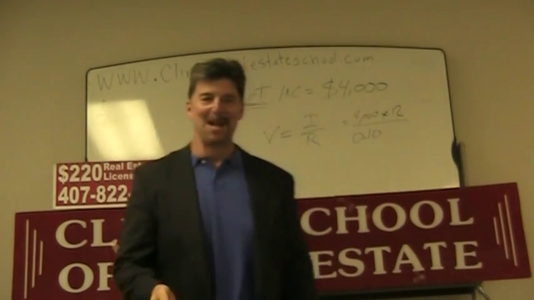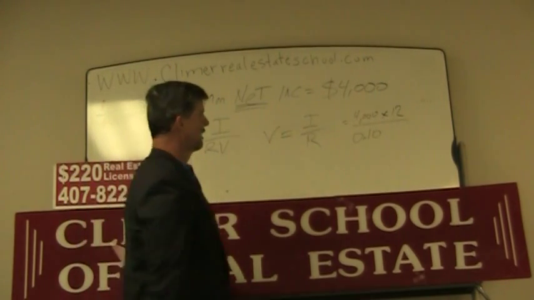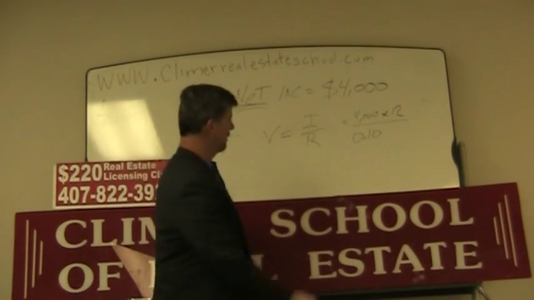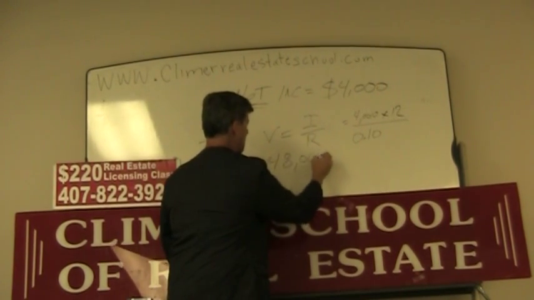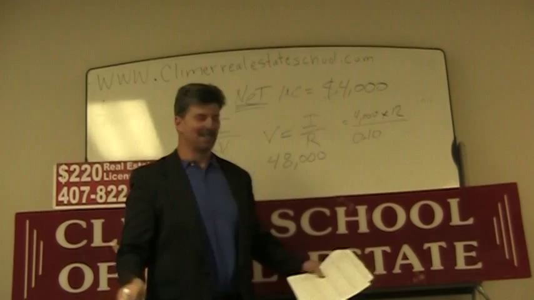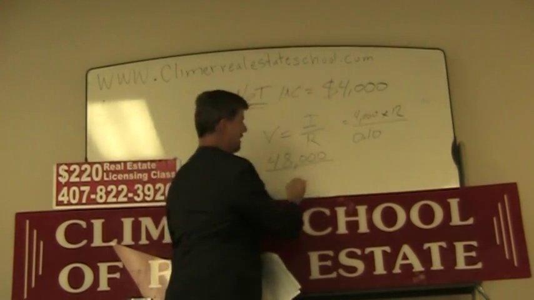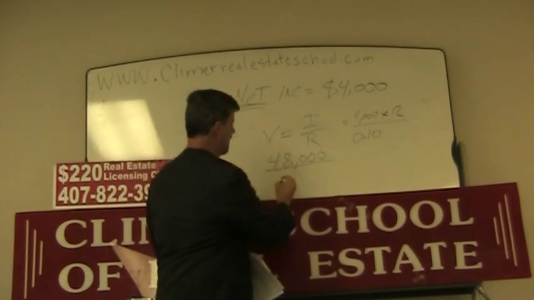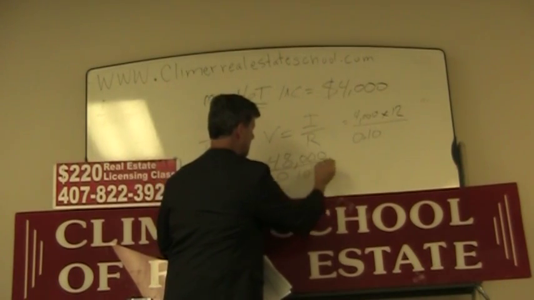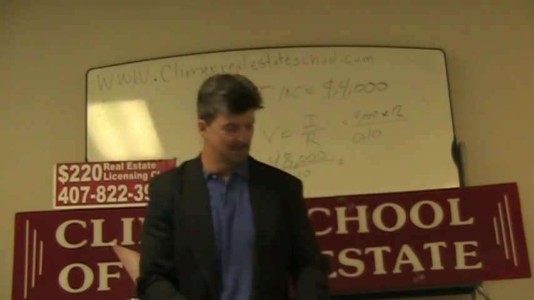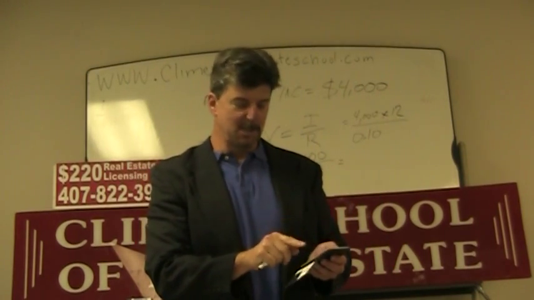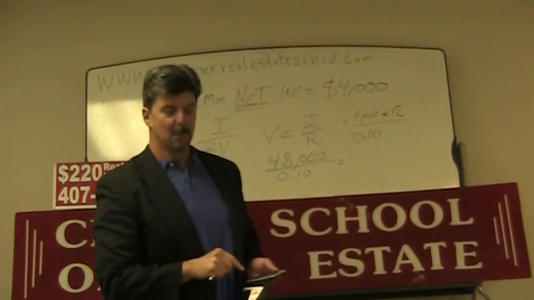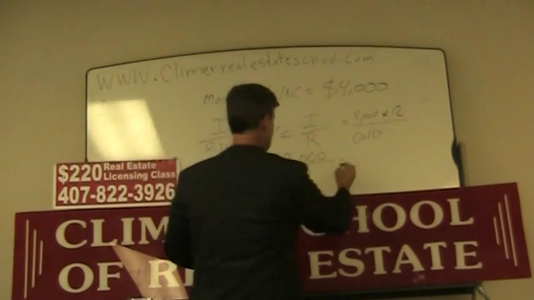Now we're back to easy math with our 4-function calculator. 4,000 times 12 is $48,000. Divided by 0.1, $480,000.